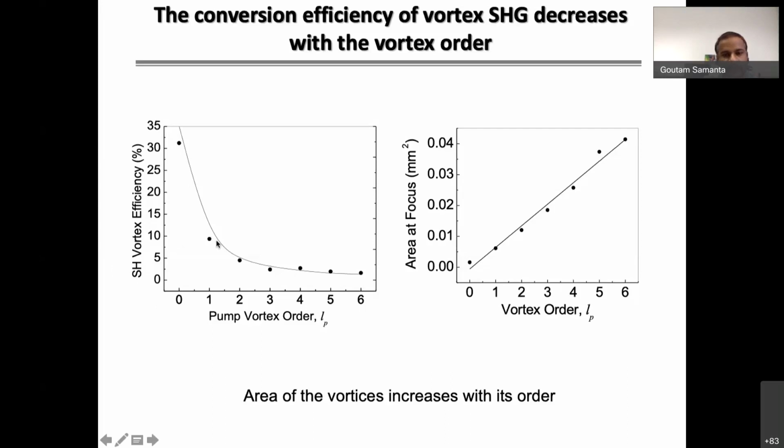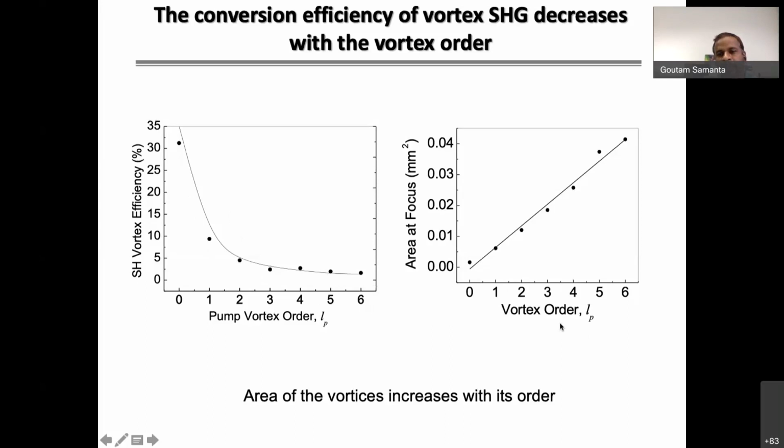Besides that, the central region is a dark region, where there is no intensity. That's why the intensity of the beam when focused decreases with the increase of the vortex order, because the area is also increasing. In that case, we see that the conversion efficiency is decreasing with the vortex order.